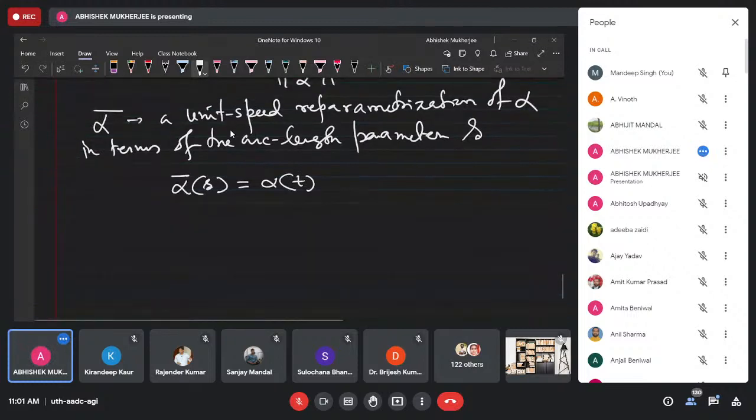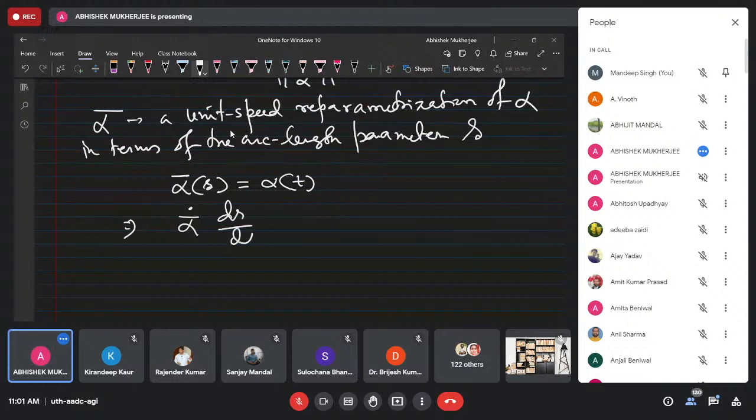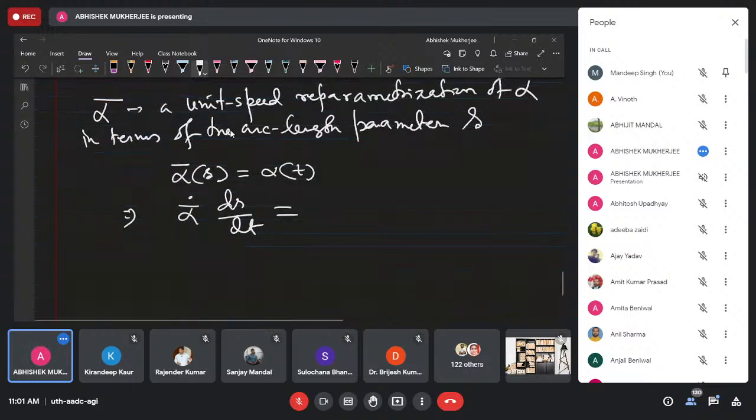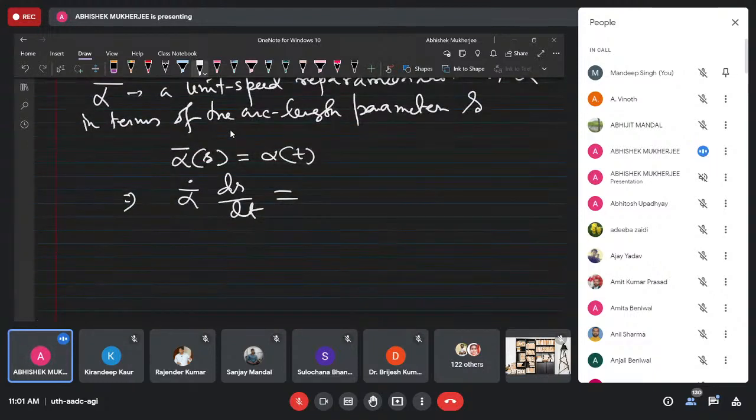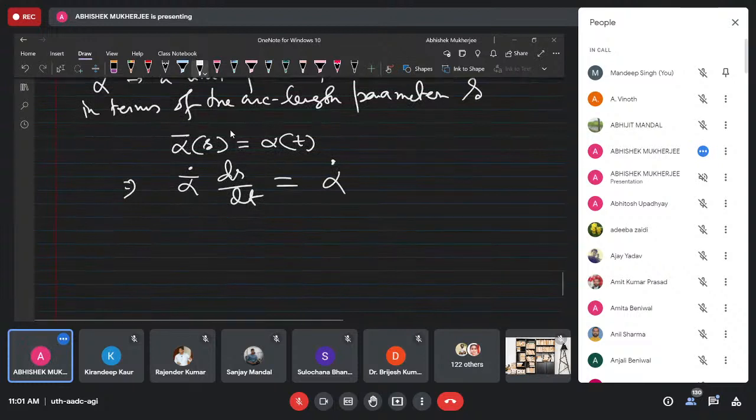From this, by differentiating with respect to the parameter t and using the chain rule, you will get alpha bar dot, with ds dt, and here you will have alpha dot.